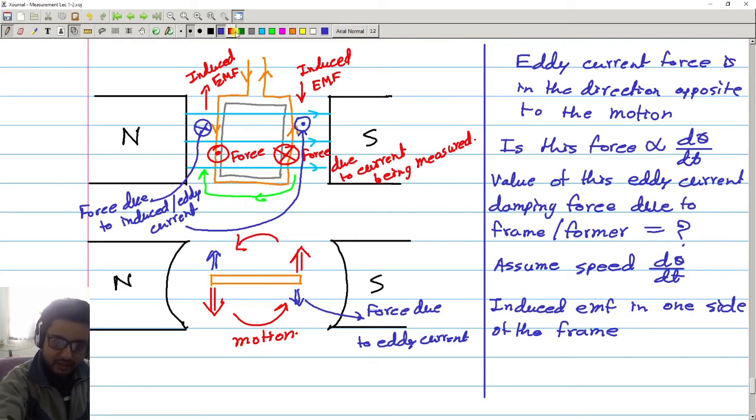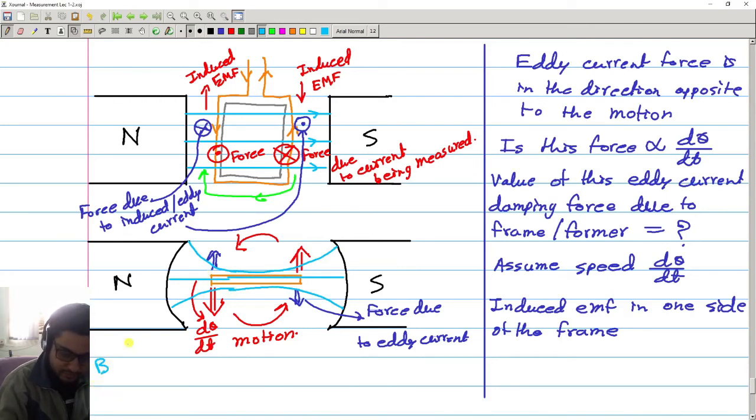In this top view, this coil is rotating at a speed of d theta dt, and we have flux lines, and the flux density here, suppose, is B. At what rate is this side of the former intersecting these flux lines?